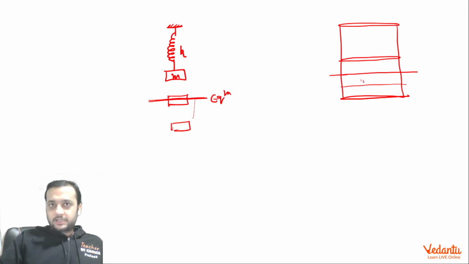When the piston moves down, let me draw the piston over here. So this is the piston, right? When it is going down, in this small layer of the gas which is in contact with the piston in the upper chamber, the pressure decreases.